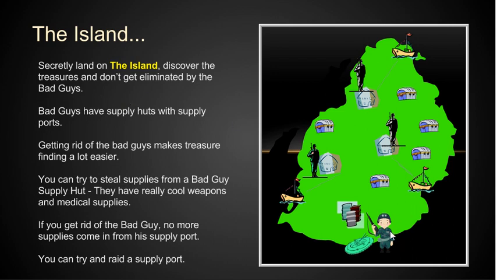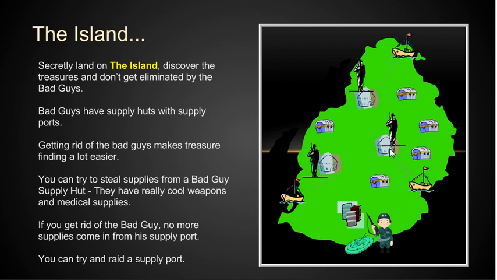So here you are. You secretly land on this island. You have some supplies. There's treasures secretly located all over the island. You discover these treasures, and as you discover them, you get treasure points that you can use to get goodies. And there's three bad guys on the island that don't like you going around getting treasures. These bad guys have supply huts.